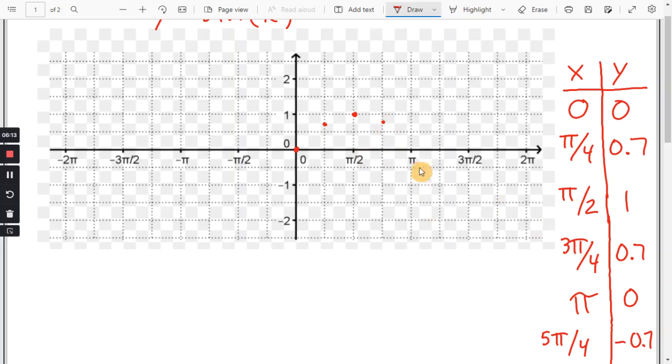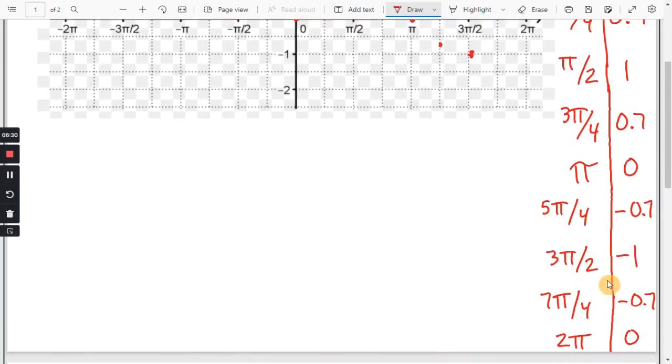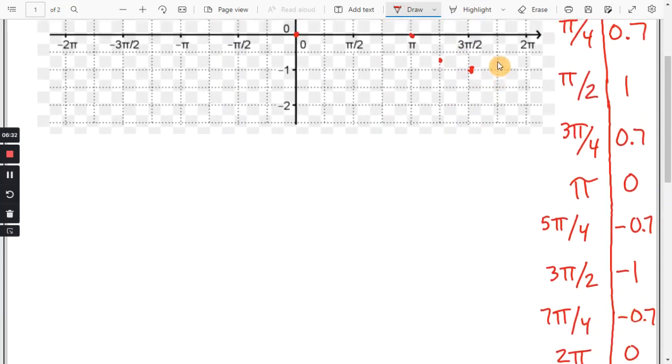And then at pi, it's back to 0. 5 pi over 4 is right here, negative 0.7. And 3 pi over 2, it's at -1. And then it climbs back up to negative 0.7. And then at 2 pi, it's 0 again.